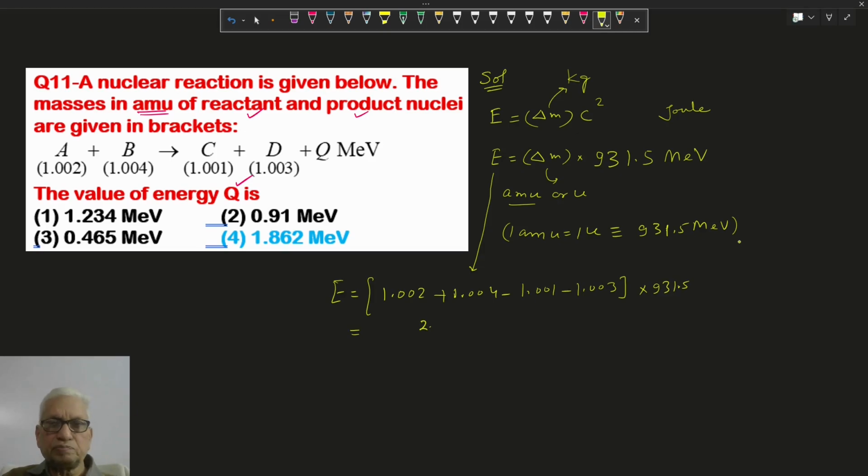That is 2.006 minus 2.004 into 931.5 million electron volt. So this is 0.002 multiplied by 931.5 million electron volt. After calculation we get 1.863 million electron volt. So this is option 4, very nearest to option 4.